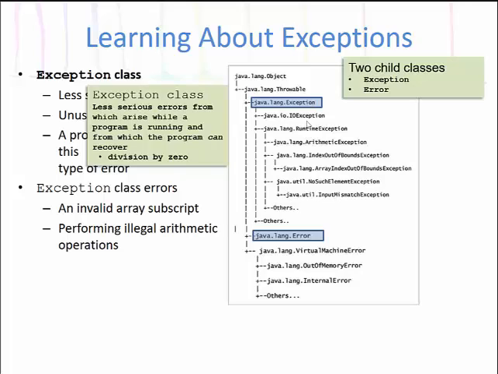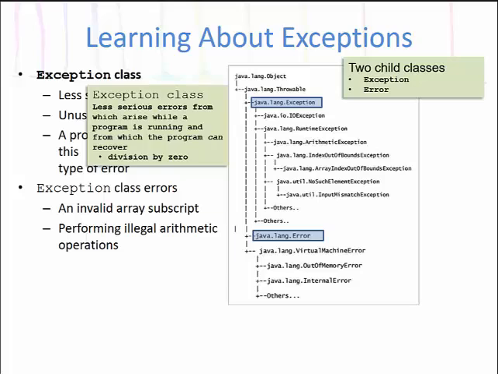The Exception class is for less serious errors, like our runtime errors. Anything in the Exception class are things that you, as the programmer, should be able to catch and do something with. And we'll see more examples of that in a minute. So we have the ability as programmers to deal with these exceptions and handle them in such a way so it doesn't cause problems for the JVM.